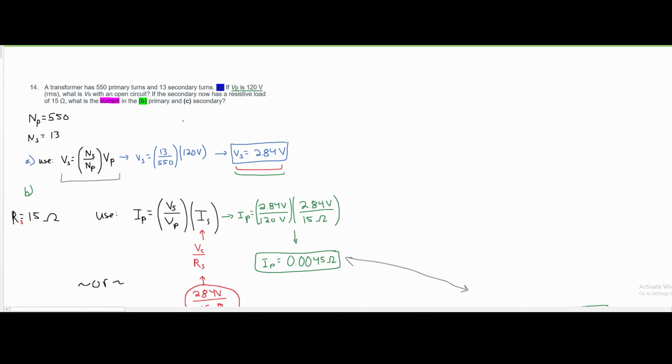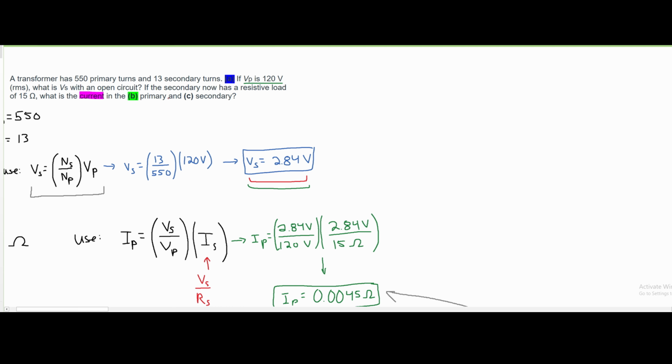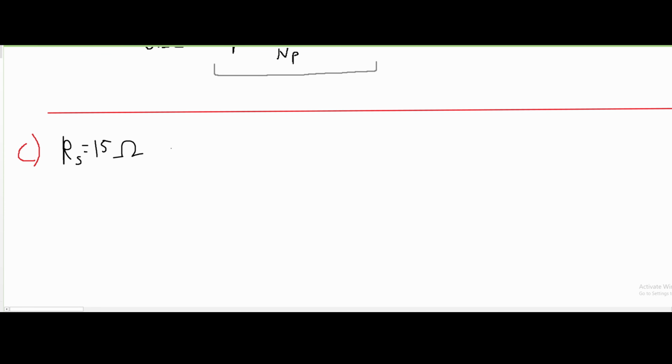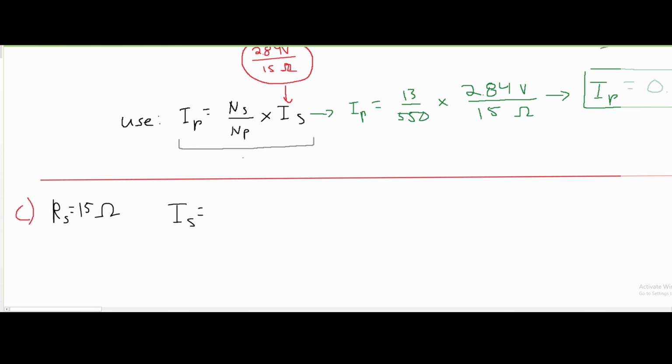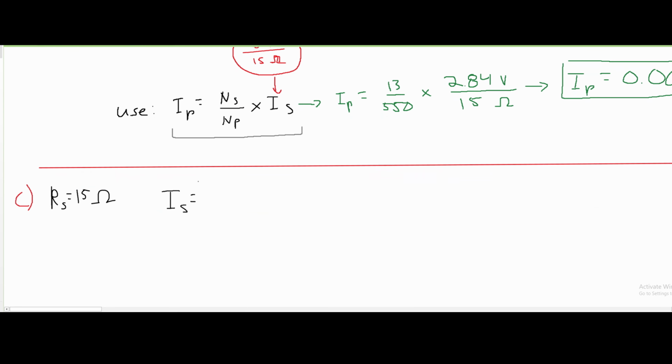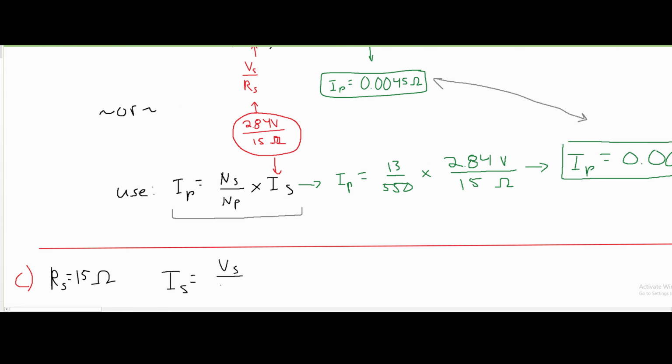For part C, we are asked if the secondary now has a resistive load of 15 ohms, what is the secondary current? We can rewrite that our resistance of secondary is 15 ohms, and to find the current secondary, well, we actually already wrote this out. We have our current of secondary is equal to V of S over R of S, or voltage secondary over resistance secondary.